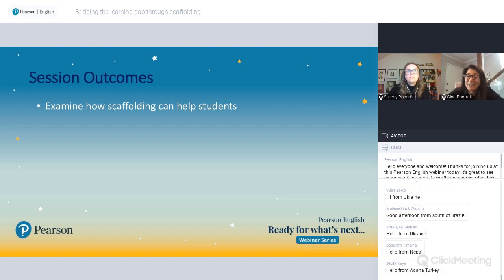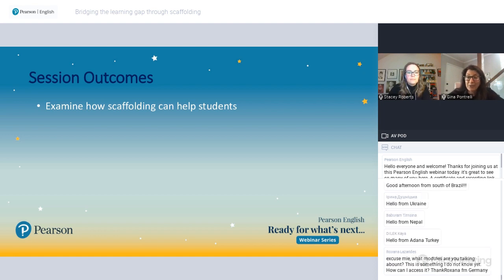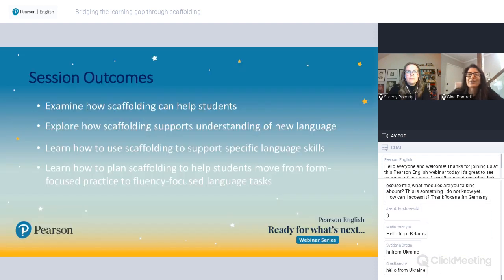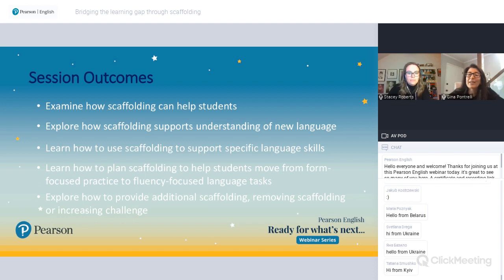In this session, we're going to take a closer look at examining how scaffolding can help students reach lesson goals, exploring how scaffolding supports understanding of new language, learning how to use scaffolding to support specific language skills, learning how to plan scaffolding to help students move from form-focused practice to fluency-focused language tasks, considering ways to monitor performance and provide additional scaffolding, remove the scaffolding, or increase the challenge.